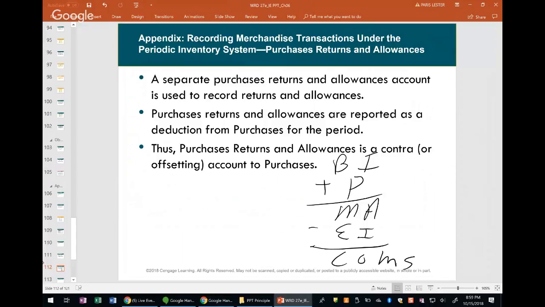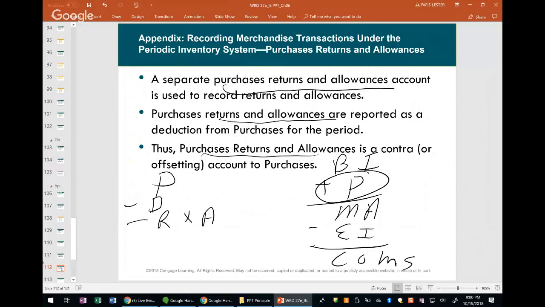But now what they're saying here is we've got to get net purchases. We will buy goods, purchases. Now we'll subtract discounts and we'll subtract returns and allowances.